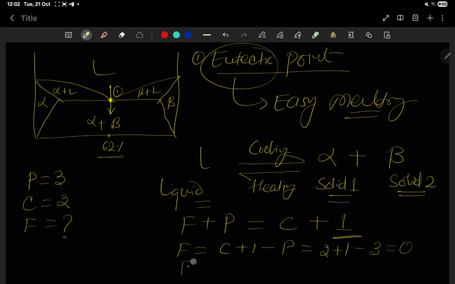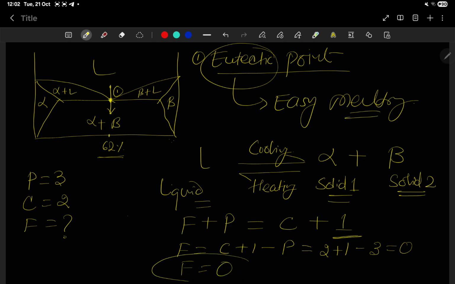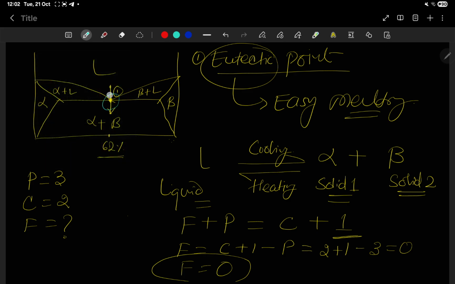So F comes out as 0. At the eutectic point, the degree of freedom we obtain is 0.